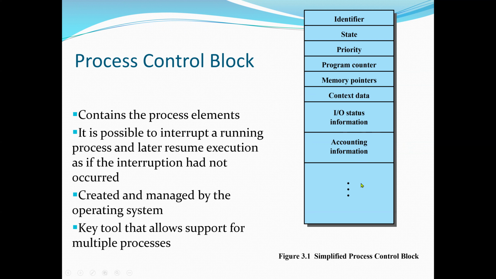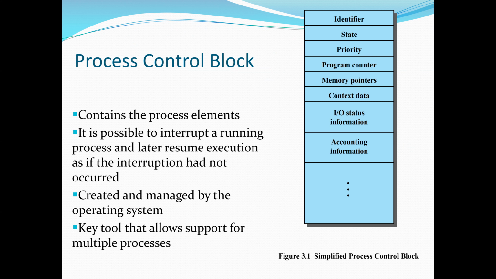Now, the significant point about the process control block is that it contains sufficient information so that it is possible to interrupt a running process and later resume the execution as if the interruption had not occurred.